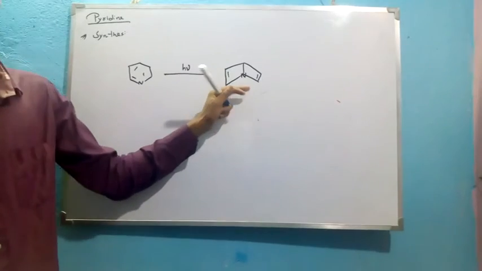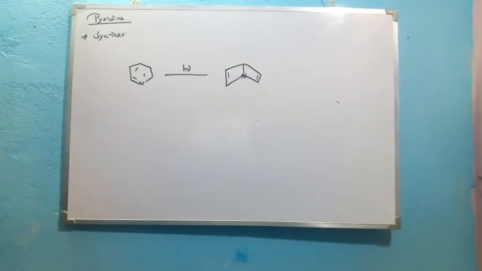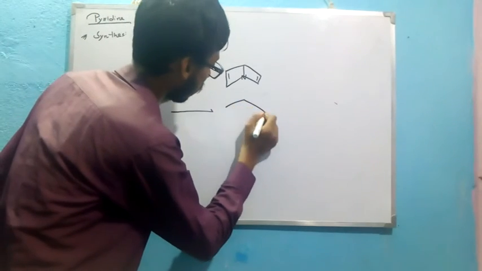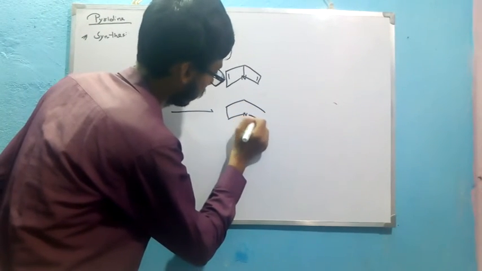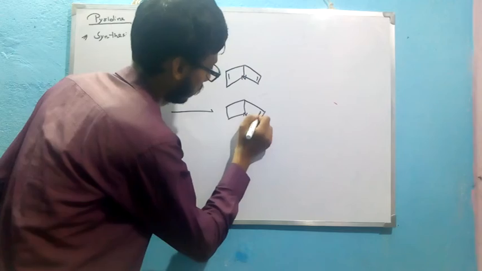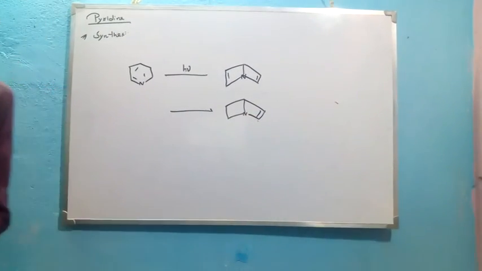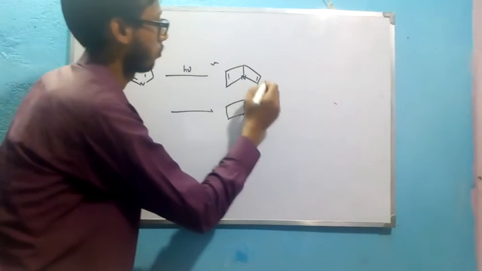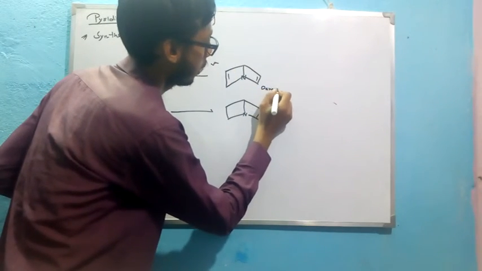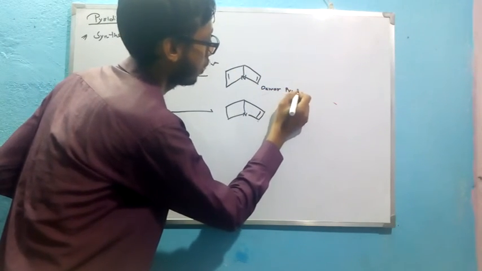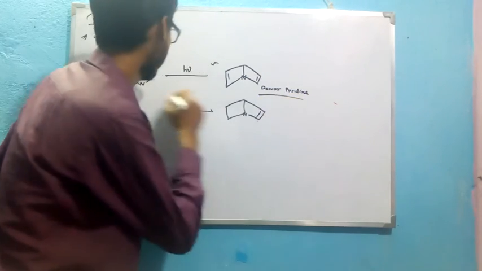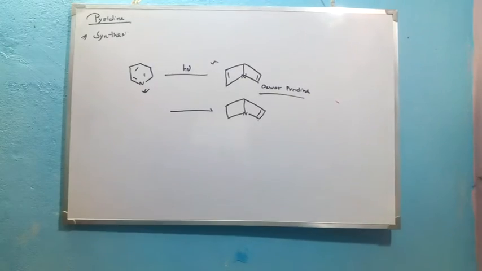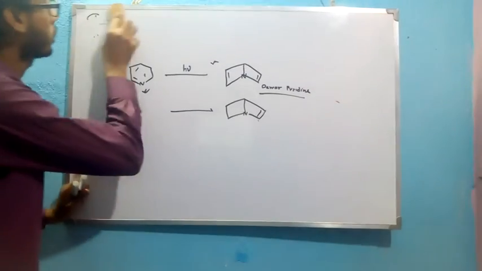This is known as Dewar pyridine, and another type of Dewar pyridine also occurs. So remember the name of that compound, Dewar pyridine, which occurs due to the photochemical reaction of pyridine. Okay, so that is about their synthesis and chemical reactions.